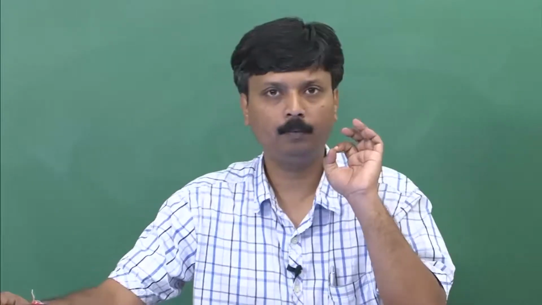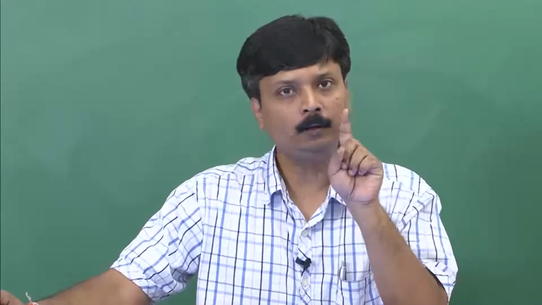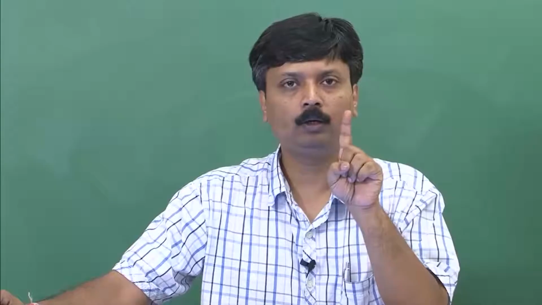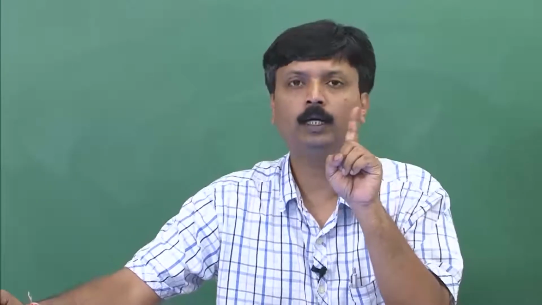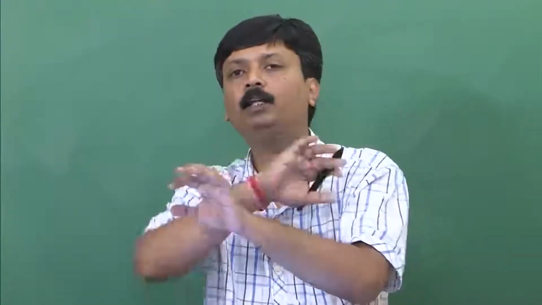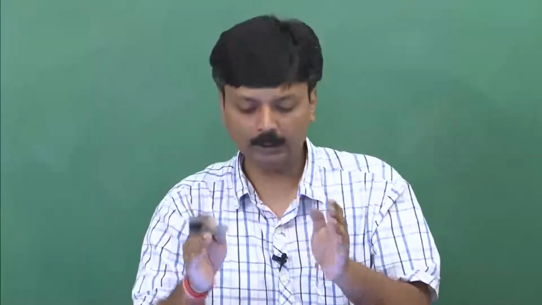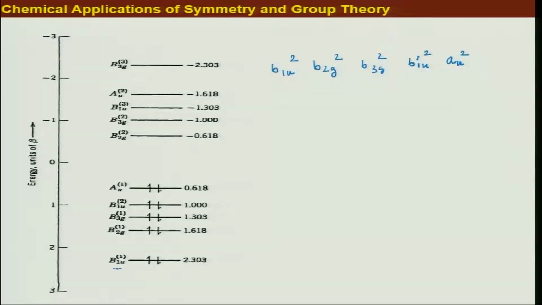Now all these electrons are paired up, right? In each orbital I have two electrons. Each electron has the symmetry of that particular orbital, correct? So consider, say, just this one orbital, B1U, which has two electrons, so each electron has the symmetry B1U.